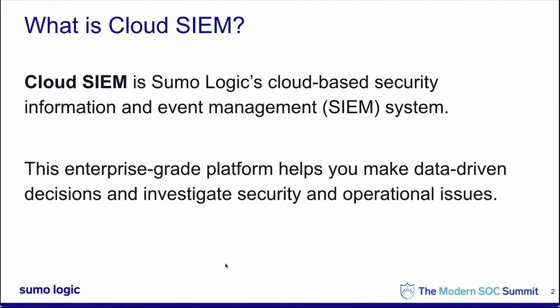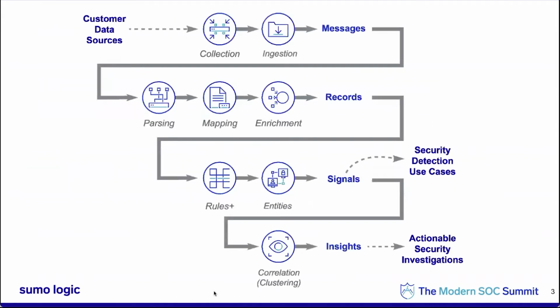So a quick little review of the CSE data pipeline. First, Sumo collects all of your data, and those of you who are familiar with Sumo are probably familiar with this part of the pipeline, and those become your log messages. But that's pretty much where Sumo Logic stops and where CSE begins.